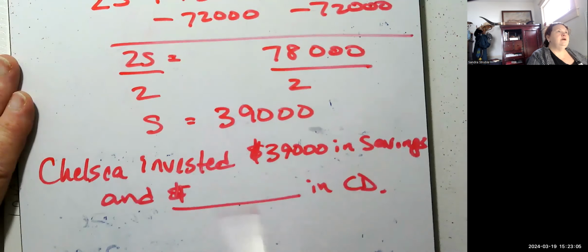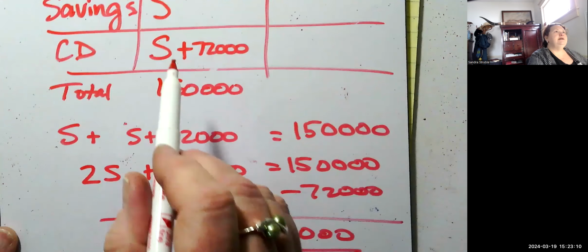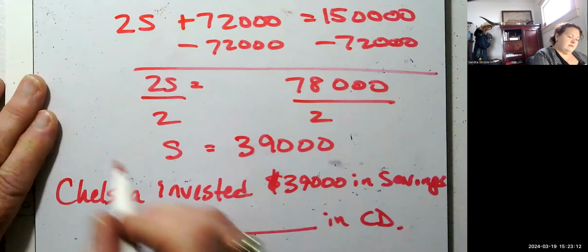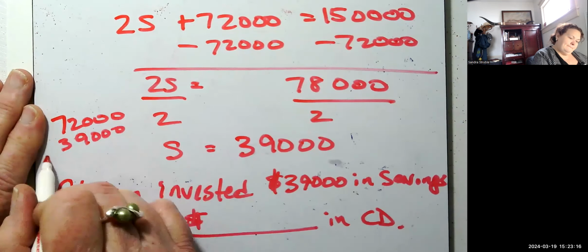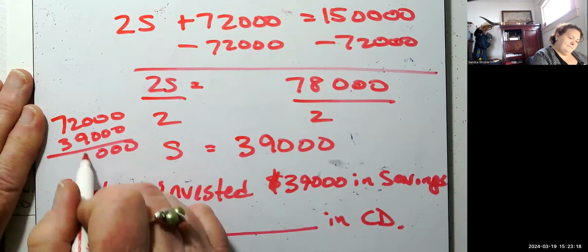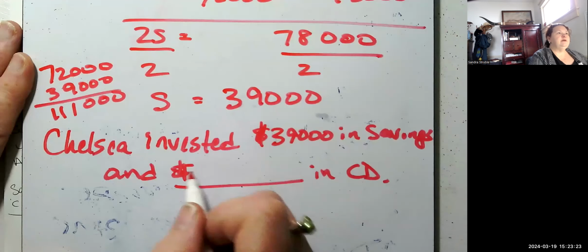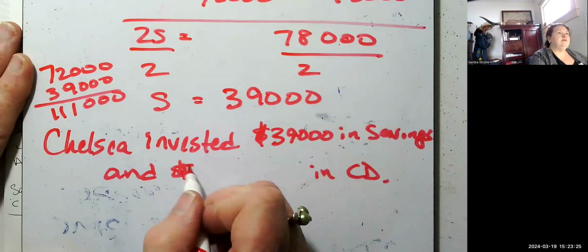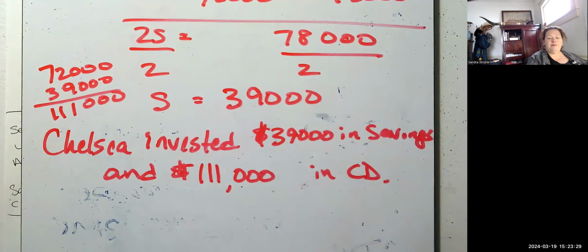Don't forget your dollar sign. Well, it's 39,000 plus 72,000, $111,000 in her CD. And that's the answer for that one.